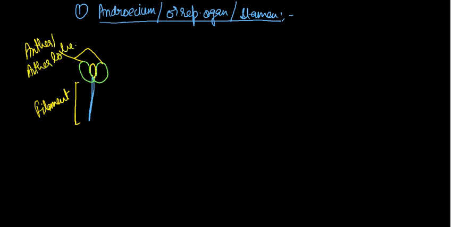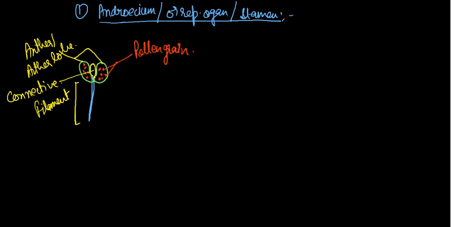Inside the anther lobe there are so many dotted structures present. That dotted structure is called pollen grain. And the middle one is called connective.